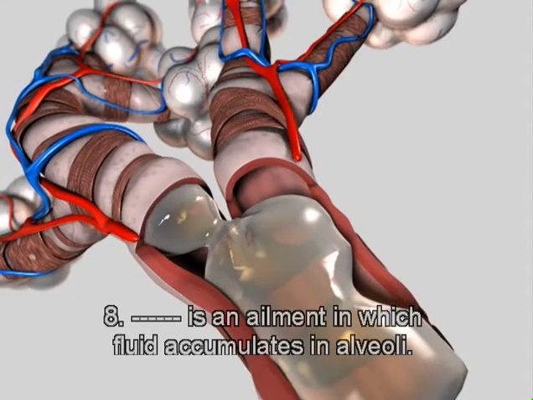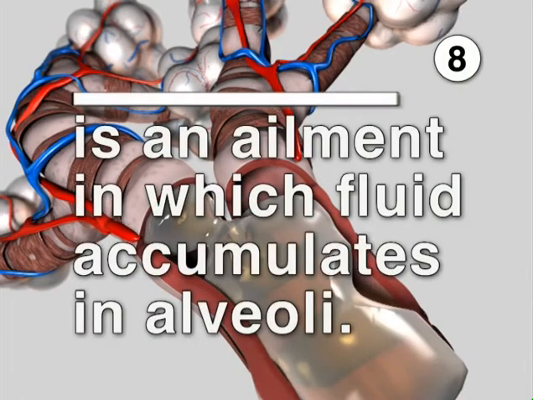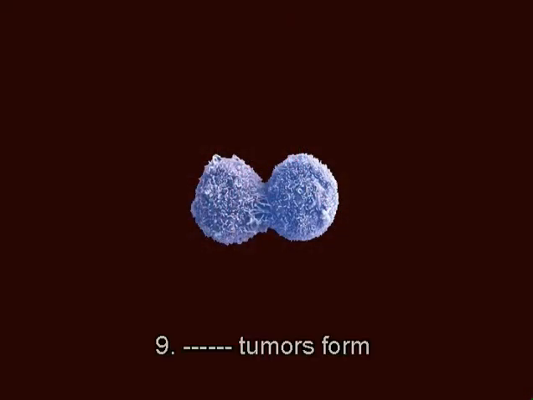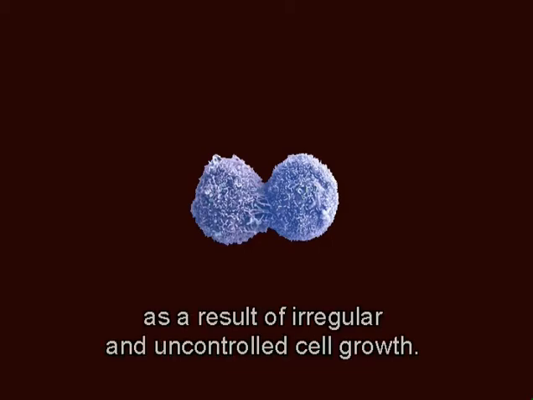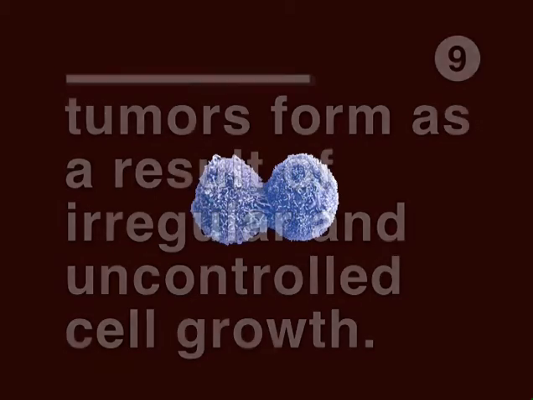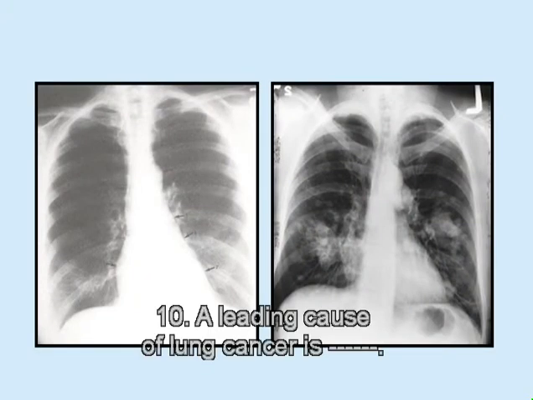Number 8 is an ailment in which fluid accumulates in alveoli. Number 9. Tumors form as a result of irregular and uncontrolled cell growth. And number 10. A leading cause of lung cancer is.